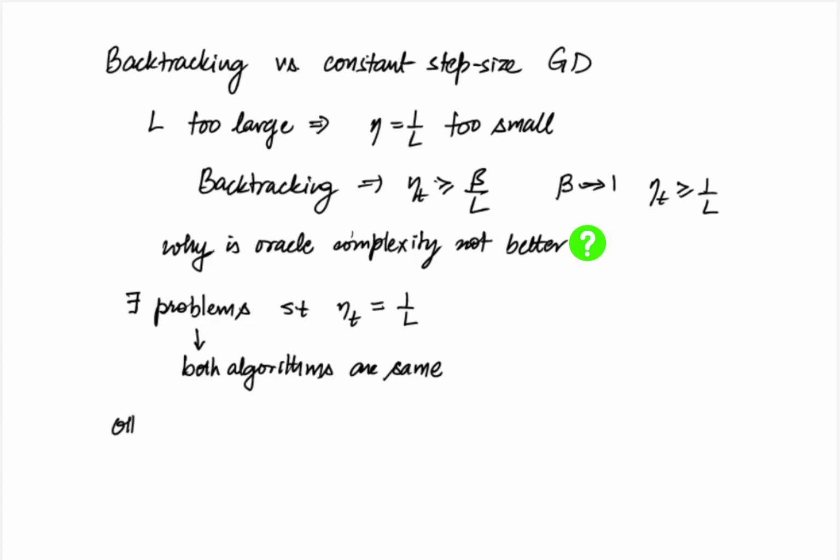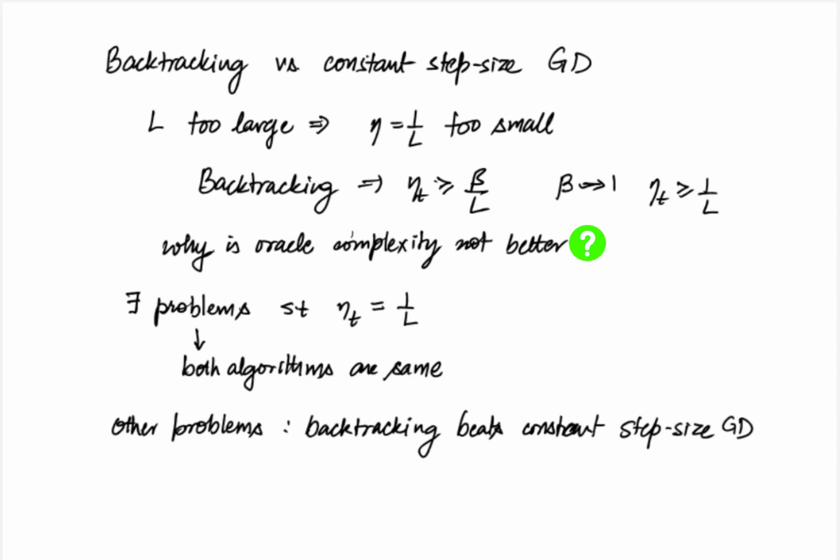Of course, there are other problems where backtracking line search will beat constant step size gradient descent by selecting higher step sizes. But a key point to observe here is that the assumptions made do not make any distinction between these two classes of problems. Both classes of problems involve smooth convex functions and the same parameters b and L.